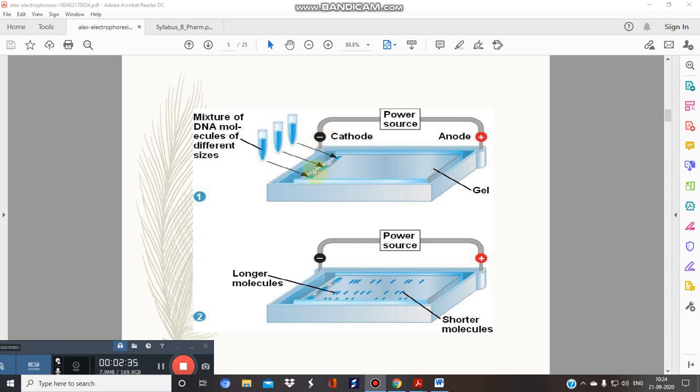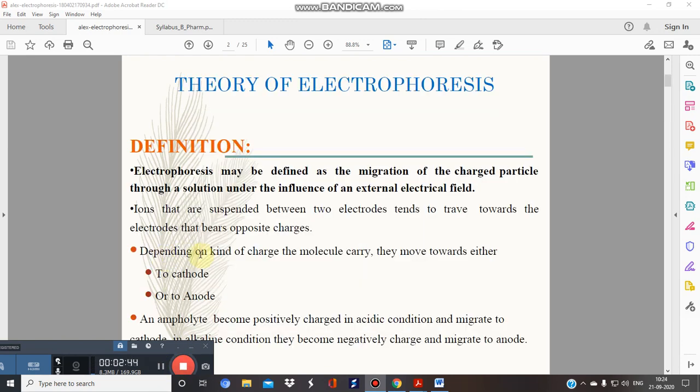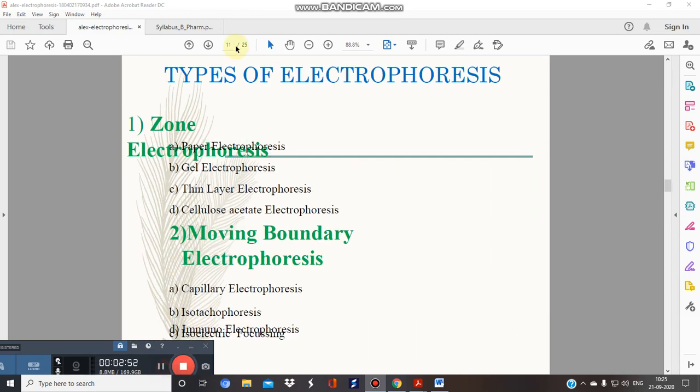So how does this work in the isolation and identification of different compounds? Depending upon the kind of charge the molecule has, it can move either towards the cathode or towards the anode. Generally we have different electrophoresis techniques like zone electrophoresis and moving boundary electrophoresis.